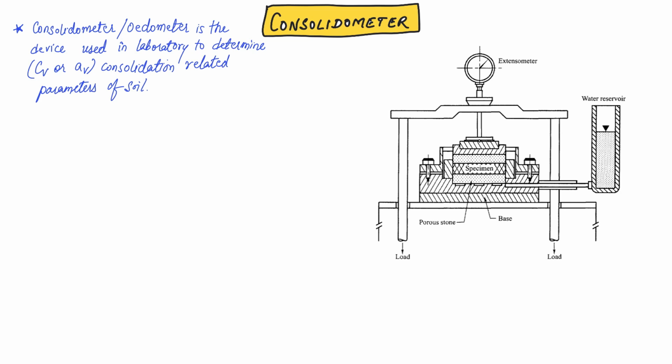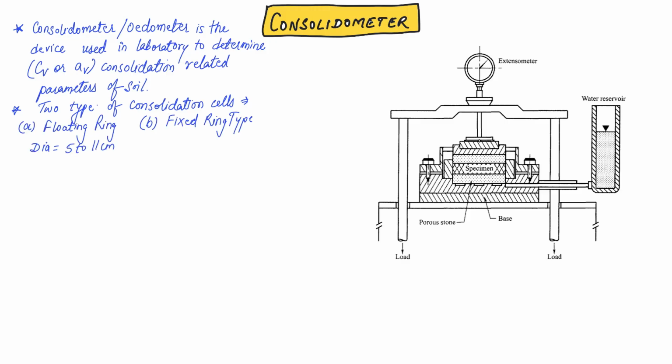So, this consolidation test is generally performed at room temperature in floating or fixed rings of a diameter from 5 to 11 centimeter and from 2 to 4 centimeter in height. This diagram is of a fixed ring type.